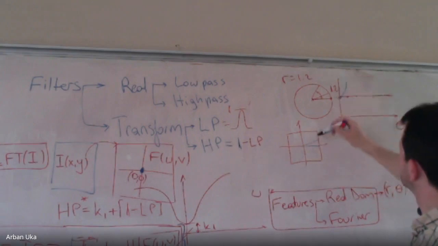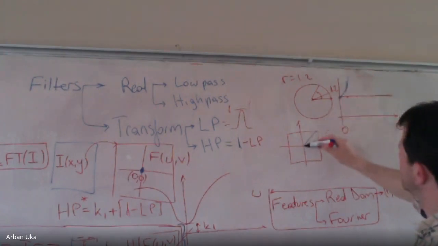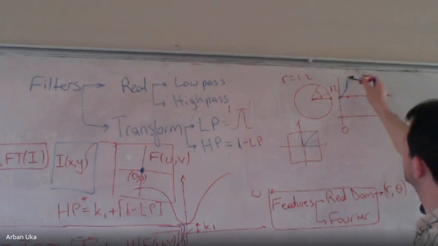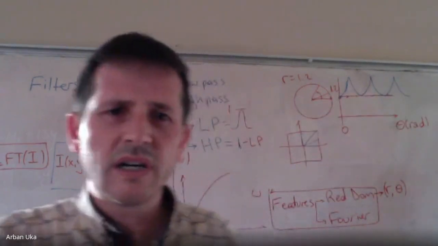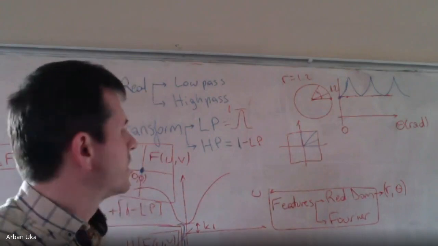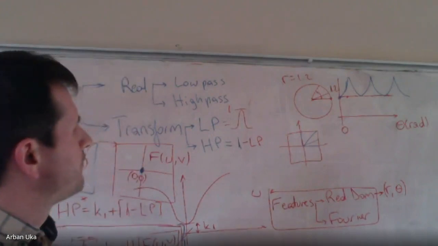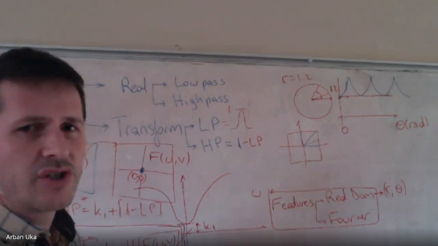At an angle of pi over 2, this is a larger value. So these are some descriptors which describe how the boundaries of an object can change.